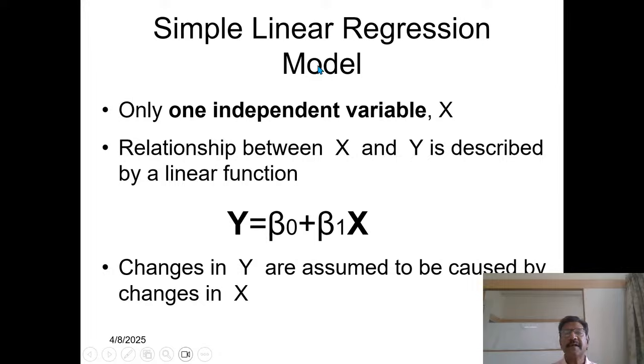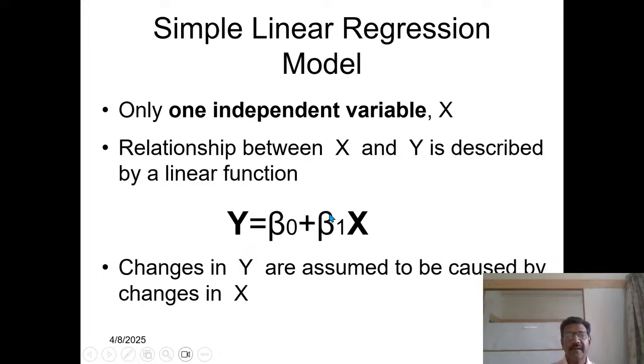Simple linear regression model we have to see here. Only one independent variable is there. Suppose the relationship between x and y is described by a linear function, just like y equal to mx plus c. It is linear, a straight line equation. Y equal to beta 0 plus beta 1 x.